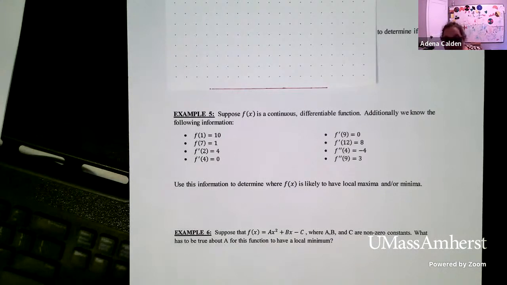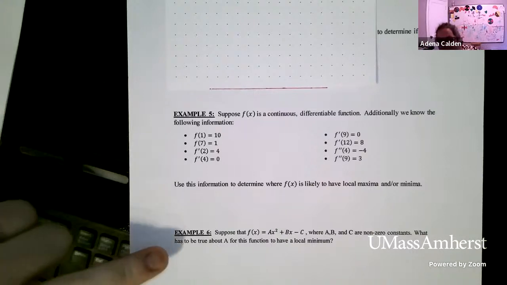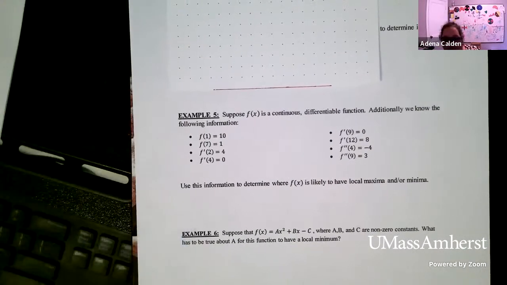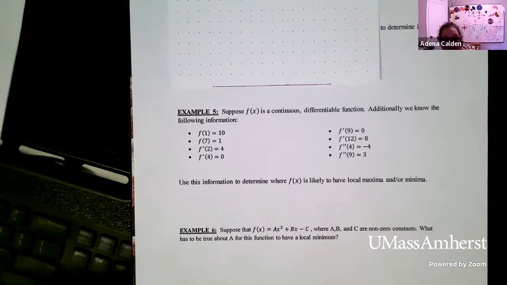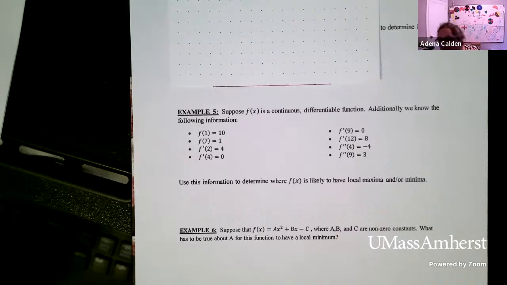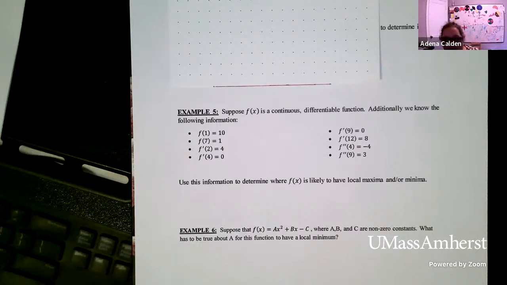We'll go through it together. If you're able to figure it out quickly, you can try example 6, which is what conditions have to be true about A to have a local minimum, another analytical question that's trying to bring together the big picture. So try it out, take 2 minutes, we'll go through it together, and hopefully it'll help tie some of these ideas all together.